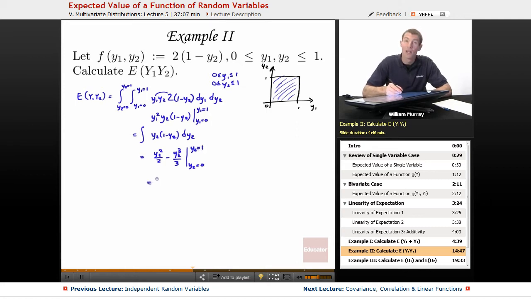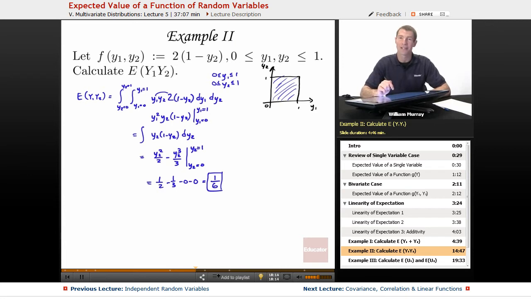And so if I plug in y2 equals 1, I get 1/2 minus 1/3. Plug in y2 equals 0, they're both 0. And so 1/2 minus 1/3, if you put that over a common denominator, is 3/6 minus 2/6. So my expected value of y1 times y2 is exactly 1/6.